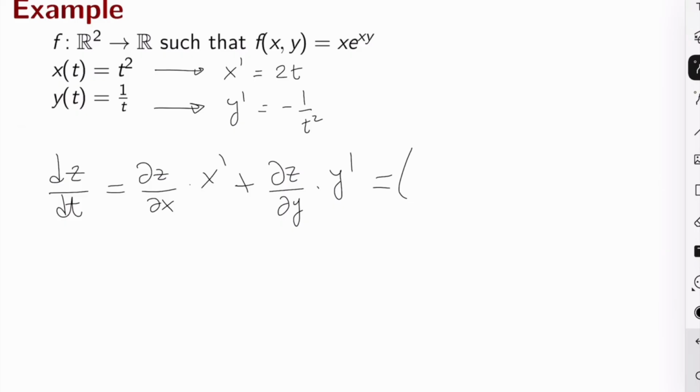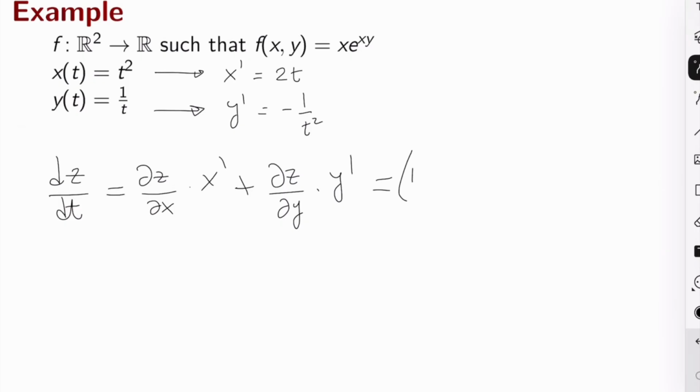That will be the derivative of x, which is just 1, times the second function as it is, and then plus the first one just as it is, that will be x times the derivative of the other one, which is e to the xy, by the regular chain rule, times y, which is the derivative of xy. Okay, so that is the partial derivative of z with respect to x. And now times x prime, this is going to be just times 2t.